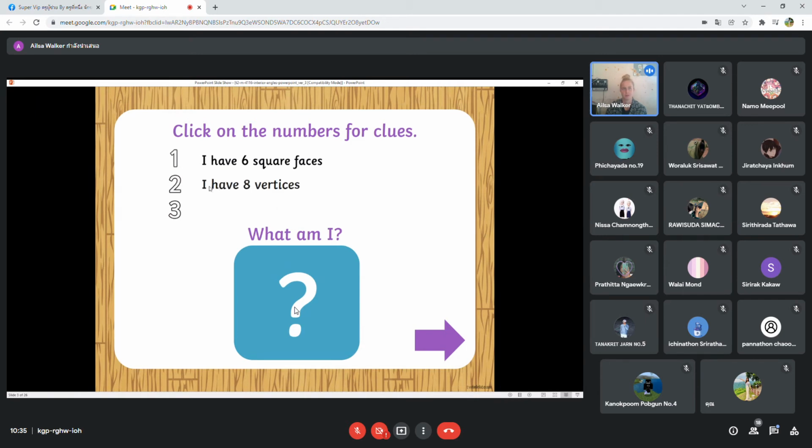Clue number 2: I have 8. Do you remember this word? How do you say this word? Someone tell me. What word is this?